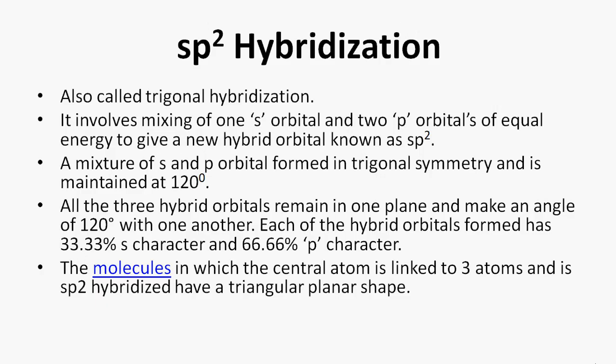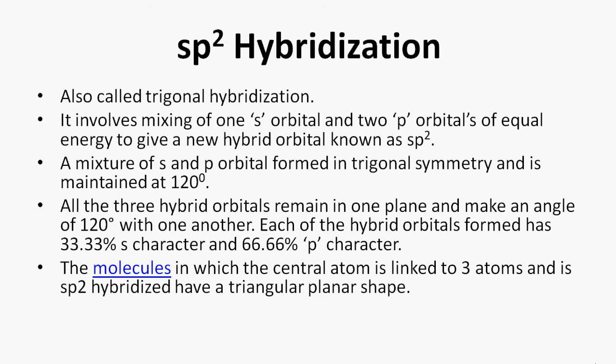Okay, so let's come to sp2 hybridization. It is also called trigonal hybridization. Why is it trigonal hybridization? Three orbitals are there. So one s orbital and two p orbitals of equal energy give new hybrid orbitals, and those new hybridized orbitals are known as sp2.